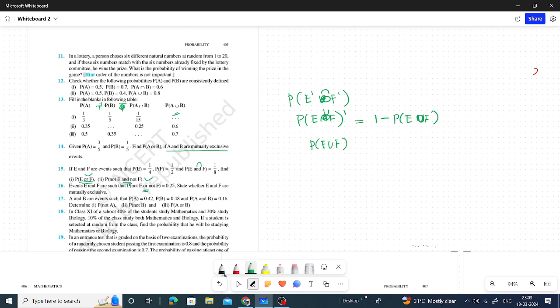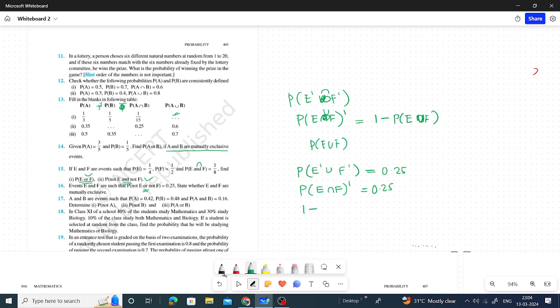Now in this question what is given? Probability of not E or not F, here it was given 'and'. Okay, that is equal to 0.25. So this probability of E intersection F whole complement is equal to 0.25.